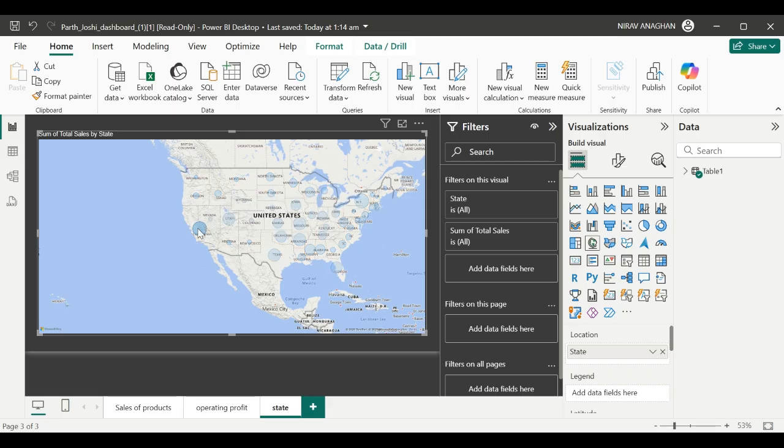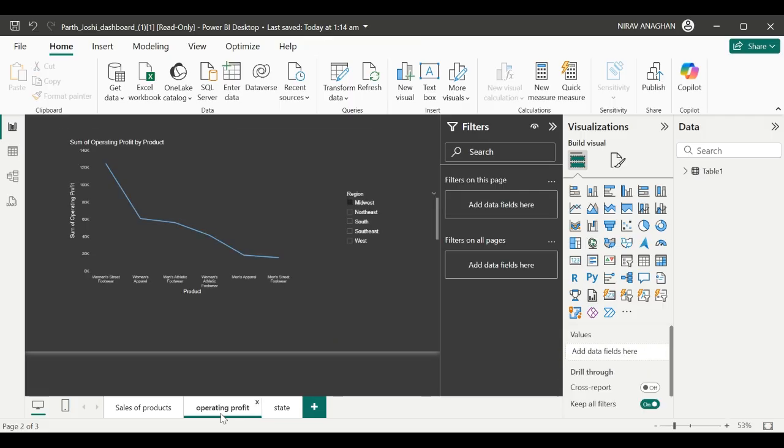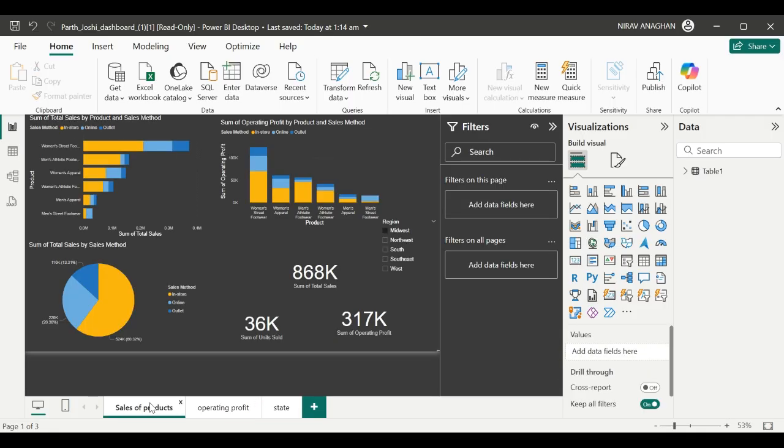In California, it's around 2 lakh. In Mississippi, it's like 160,000. It's very visually appealing, and we can see the different data in one go, and it's very interactive also for strategy making. So we have created these three views for analyzing our data.